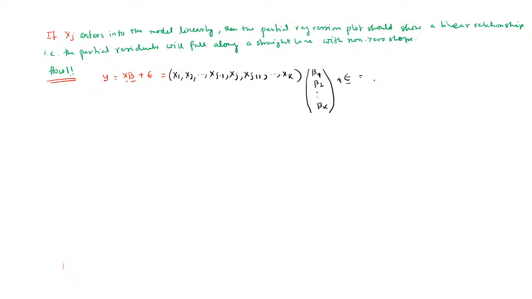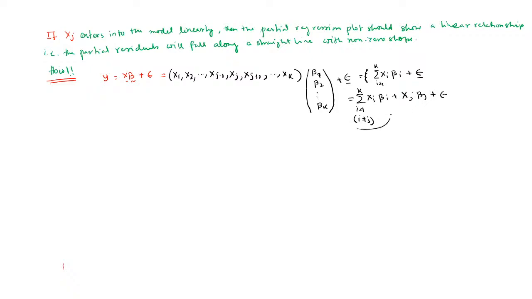So I can write this as the sum over i not equal to j of xi beta i, plus xj beta j, plus epsilon.